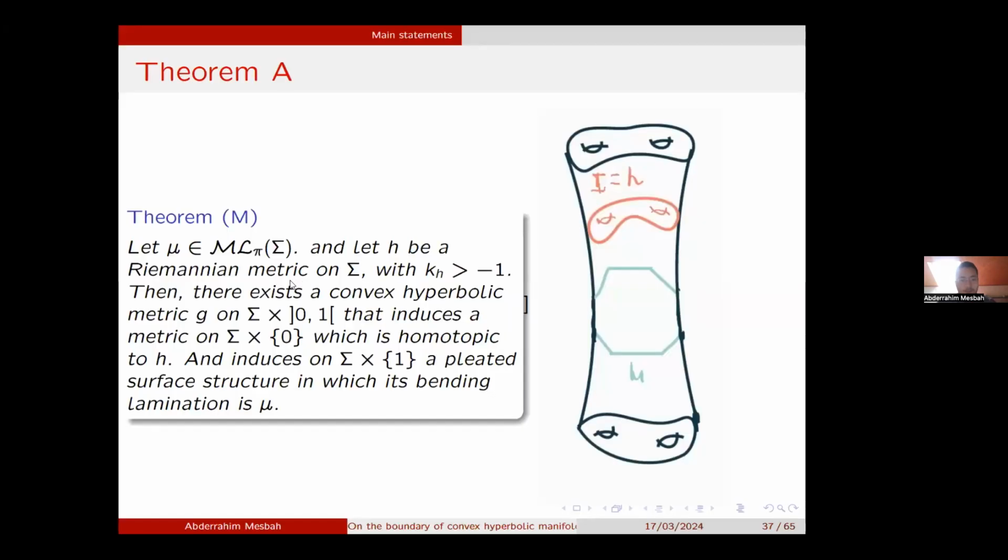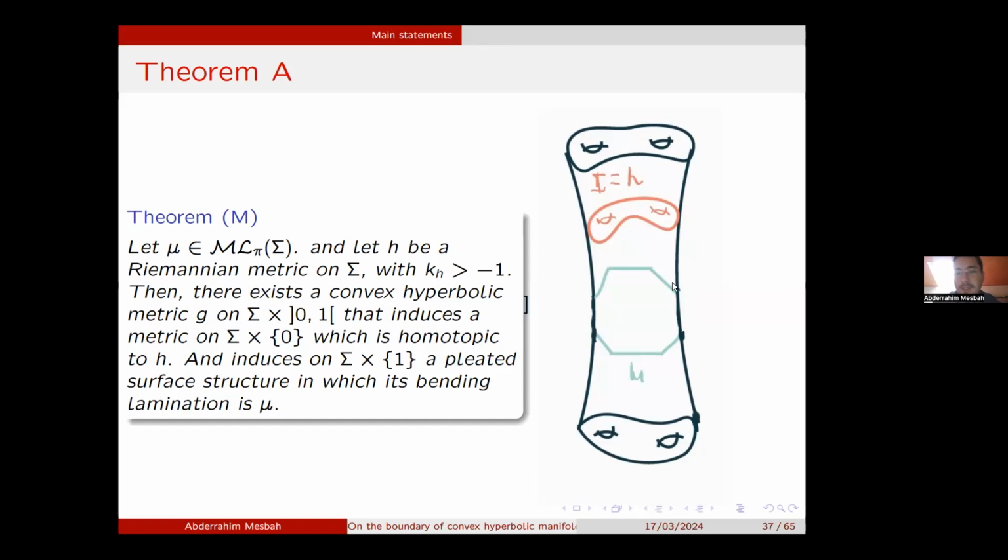And if we take any Riemannian metric h with curvature strictly bigger than -1, then we can find a convex hyperbolic metric on sigma times [0,1] that induces the metric h on sigma times 0, and it makes the lower boundary sigma times 1 a pleated surface which has bending lamination equal to mu.